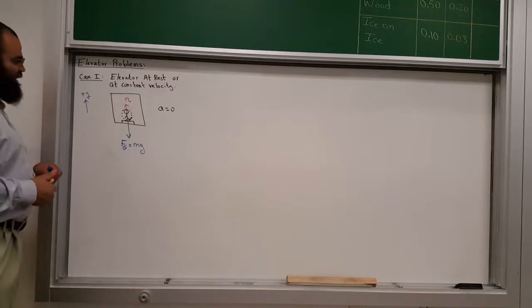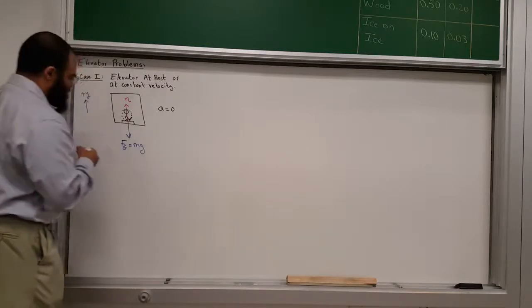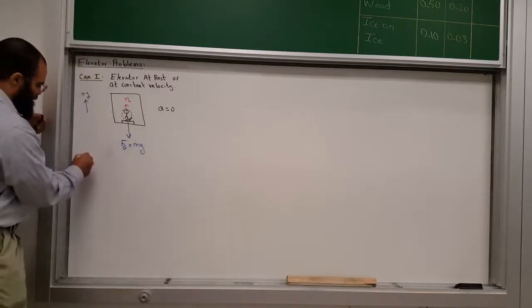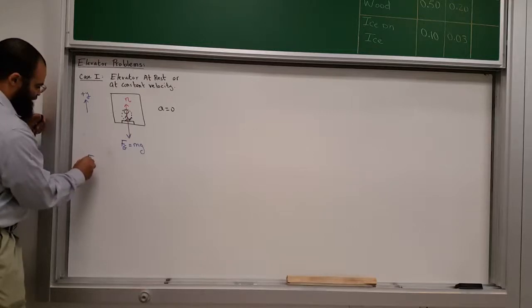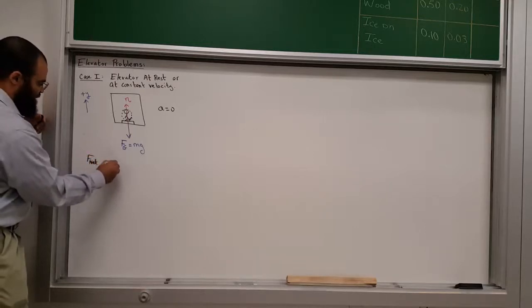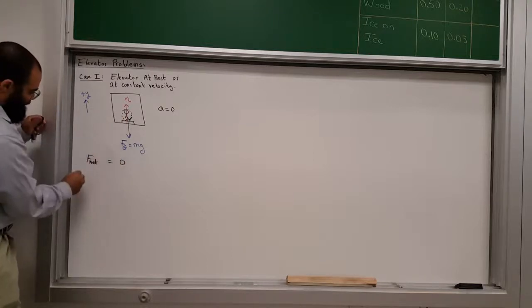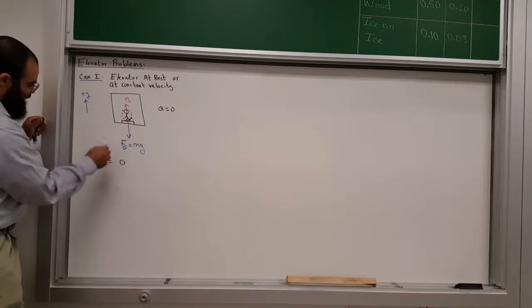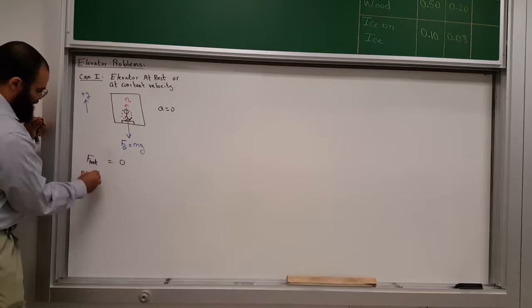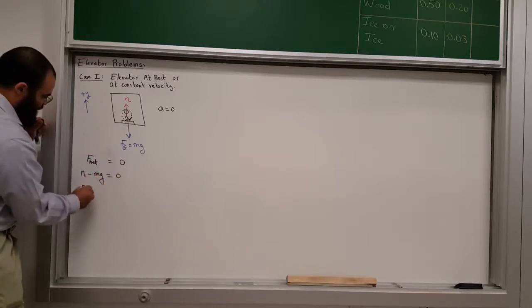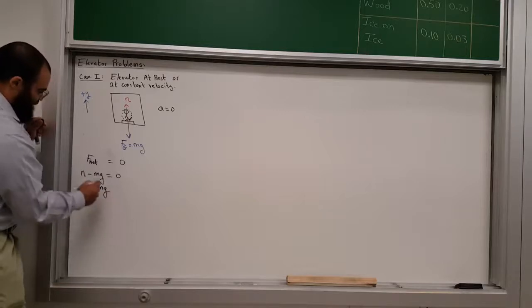And so we would say that the net force is equal to 0 because the acceleration is 0. We have two forces. There is the normal force upward, so that's n. And then mg, it's downward, so n minus mg equals 0. And therefore, the normal force will just equal mg.